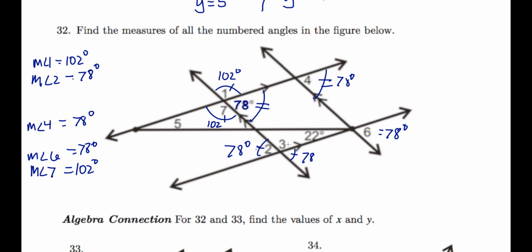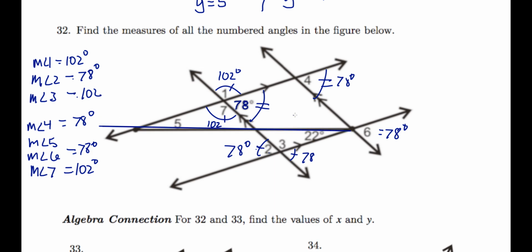What we got? 3 corresponds with 102, or is a linear pair with 78. So measure of angle 3 is 102. Notice a lot of 102s and 78s here. We're going to wreck that here in a second because angle 5 is coming off a different transversal right here. Look at this.